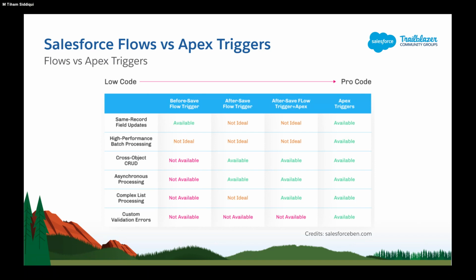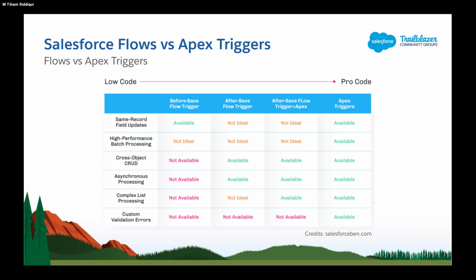And you see that we have same record field updates, high performance batch processing, cross object CRUD, asynchronous processing, complex list processing, custom validation errors.